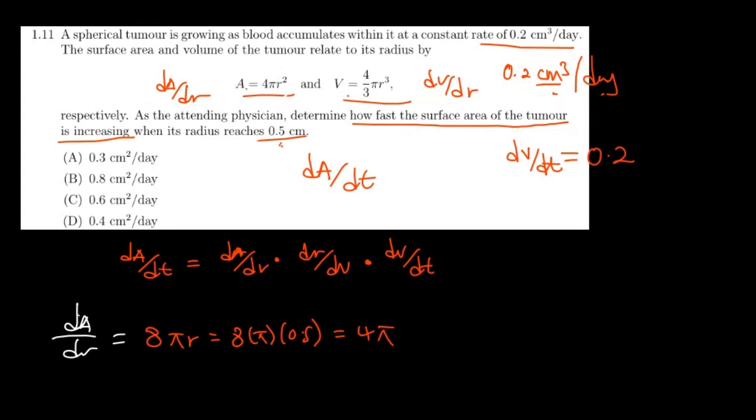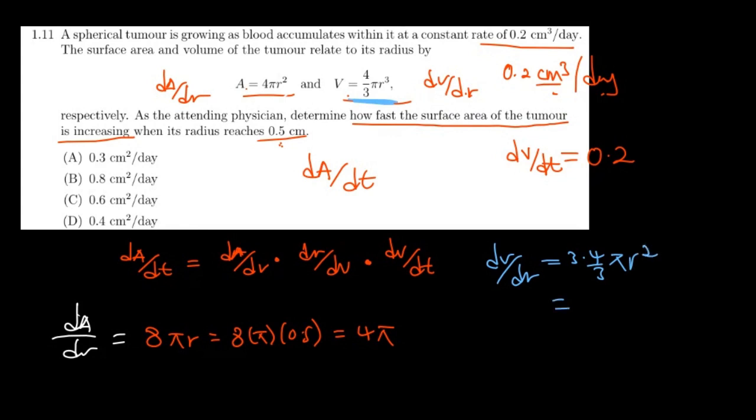And then we find our dV dr, and then we flip it to find its reciprocal. Here we're differentiating this with respect to r, so the 3 comes and multiplies the constant term in front, so that will be 3 multiplied by 4 over 3, and then pi r, reducing the power by 1, so that will be 2.